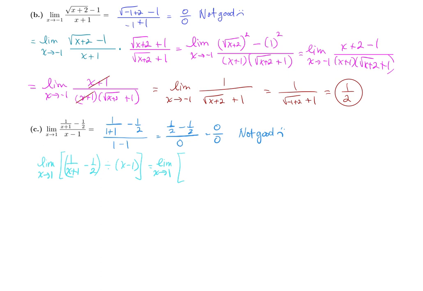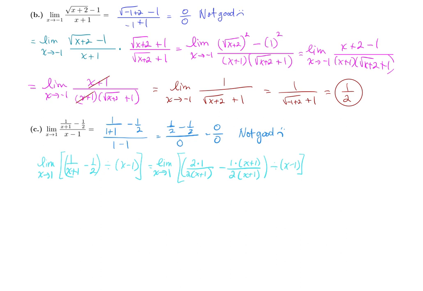Each will have to have 2 and each will have to have x plus 1. The first fraction does not have the 2, so it will have a 2 times 1 over 2 times x plus 1. The second one has the 2, but it does not have the x plus 1, so it'll have 1 times x plus 1 all over 2 times x plus 1. And that's still just divided by x minus 1.